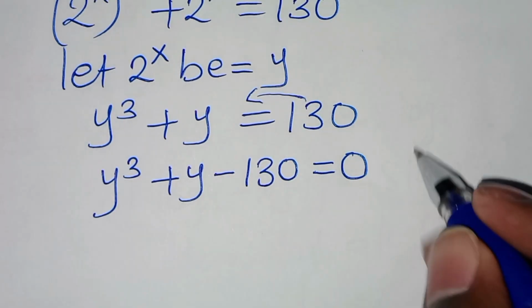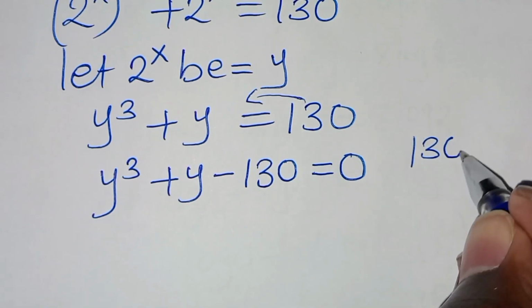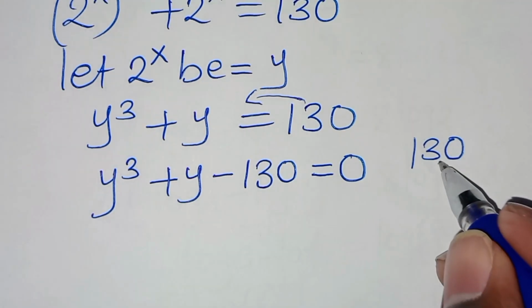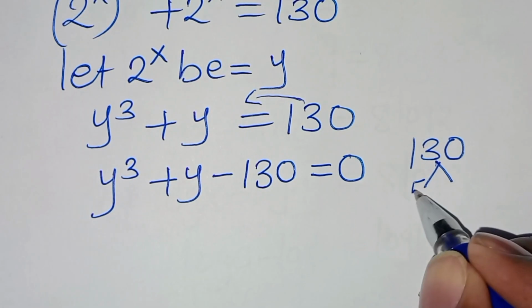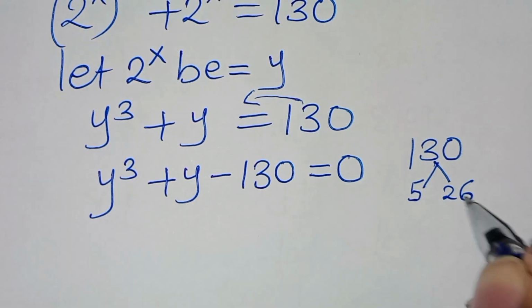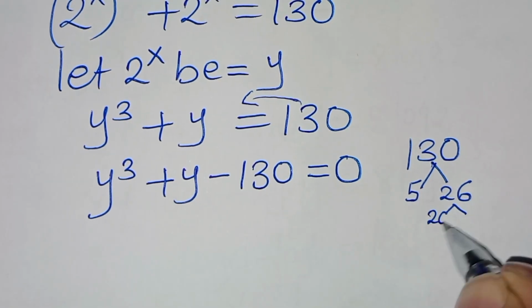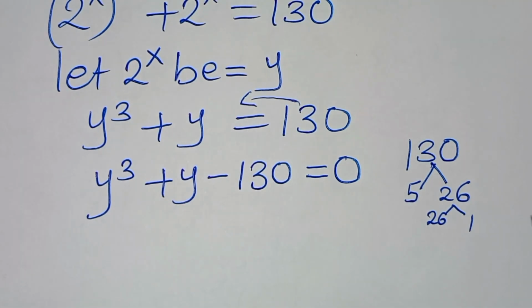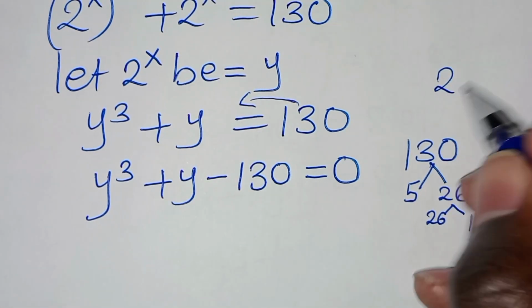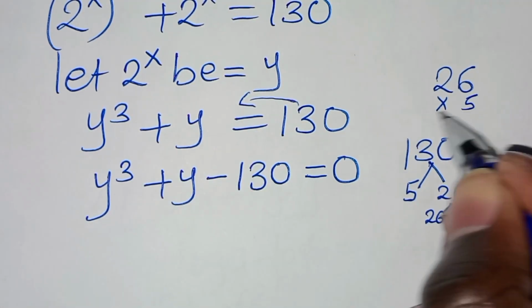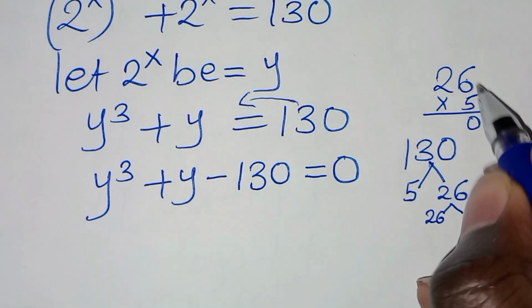Now, we can express 130. This is the same thing as 130 divided by 5. This is equal to 26. So 130 is the same thing as 26 multiplied by 5. Okay?